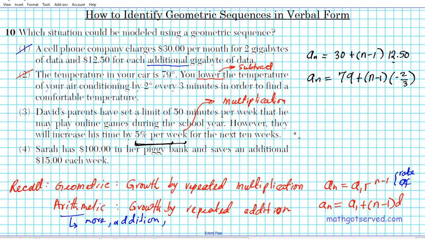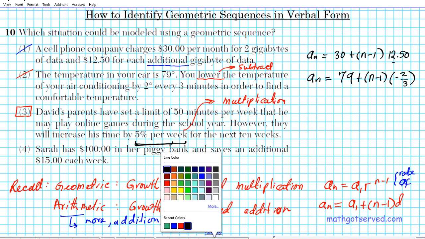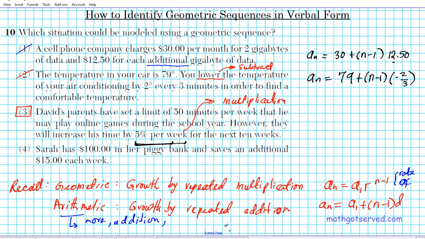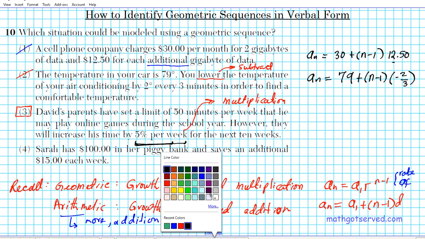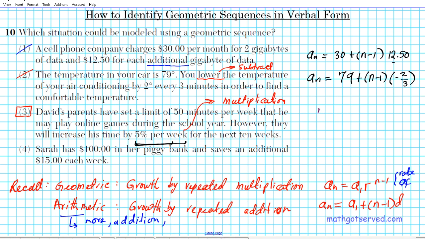So what is this going to look like? Well, first of all, this certainly is a geometric sequence because we are repeatedly multiplying by this growth rate. So what does the model look like? For the nth term here, the first thing you want to notice is that the common ratio is different from the growth rate. The common ratio is going to be 1 plus 0.05.